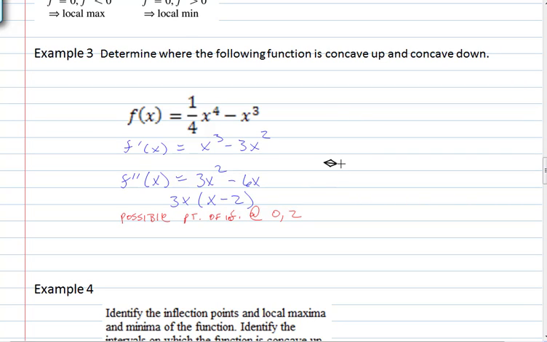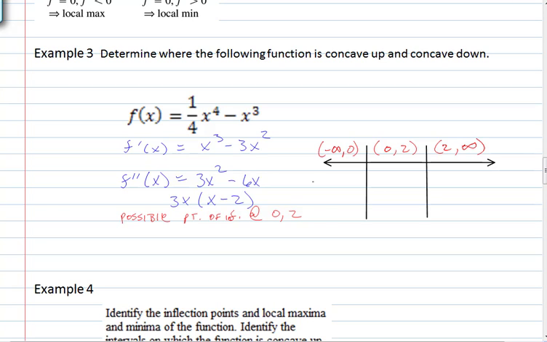Well, we plug them into a number line and we check the signs of the second derivative at these points. So the first interval is going to go from negative infinity to 0, 0 to 2, and 2 to infinity.